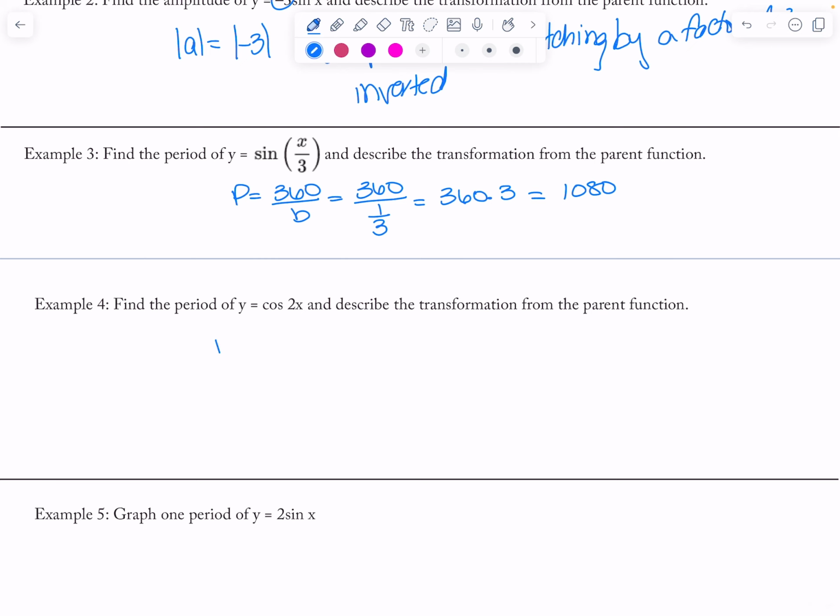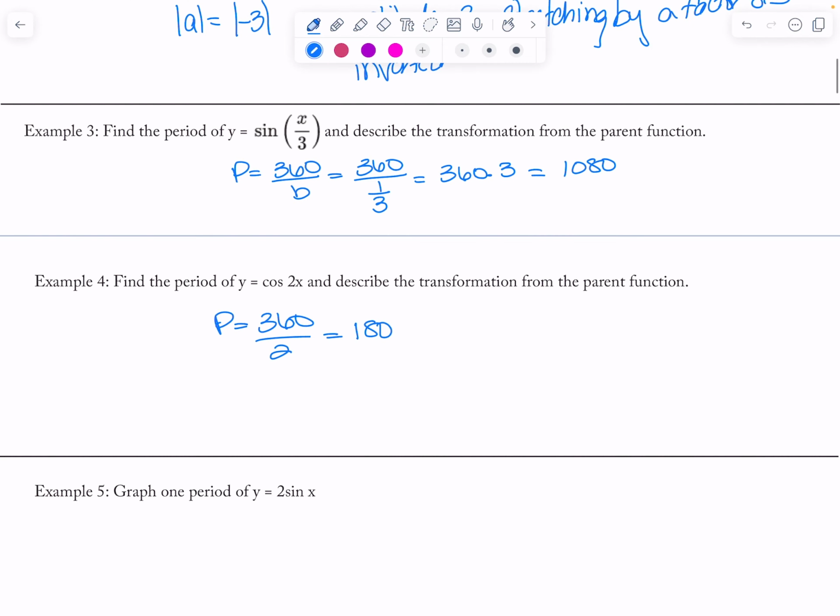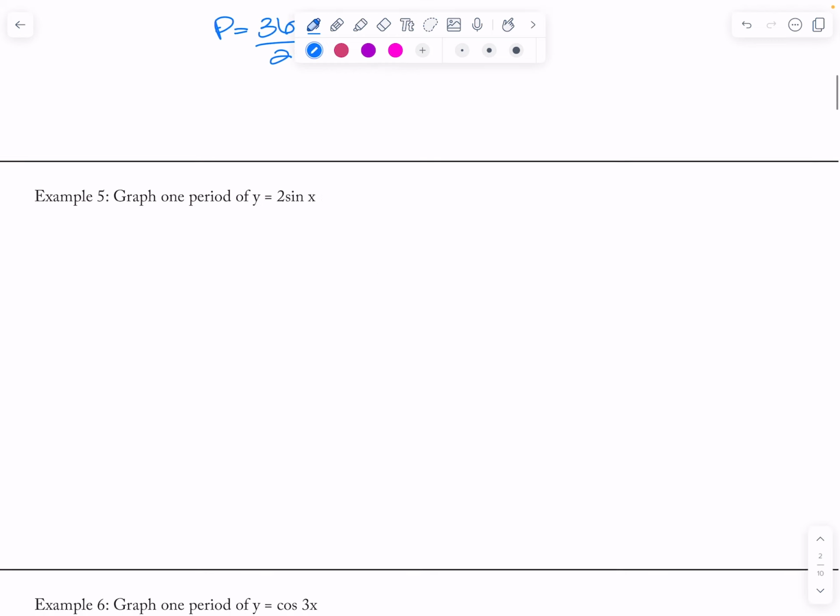Okay. And then here, my period is 360 divided by 2, because that's my B value. So then that is 180. That means instead of on my x-axis going from 0 to 360, I'm going 0 to 180 and still making one complete cycle. So that's what's important. Okay. So now if I were to graph one period of sine, the only difference is that instead of going to 1, now I'm going up to 2.